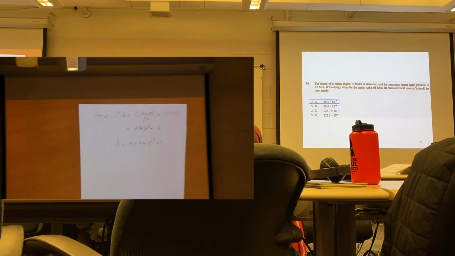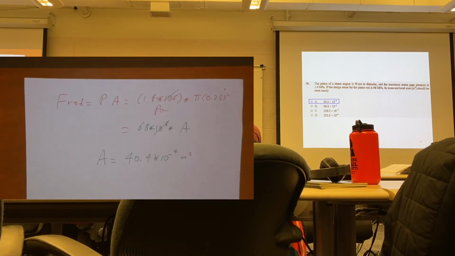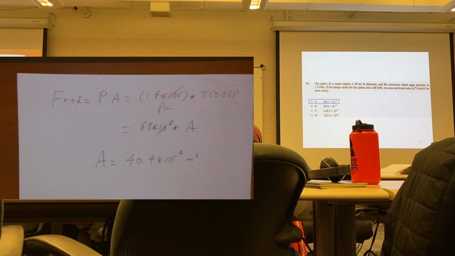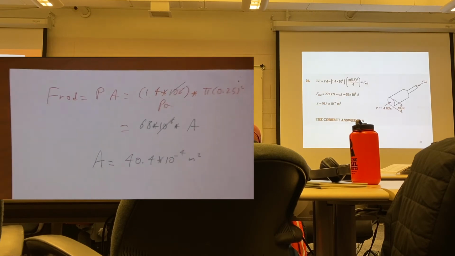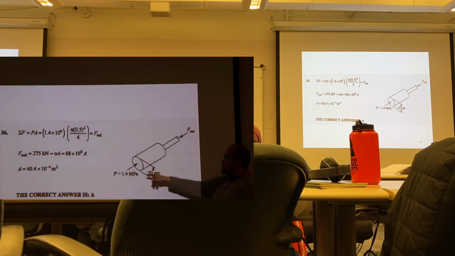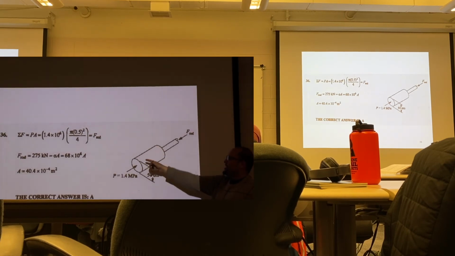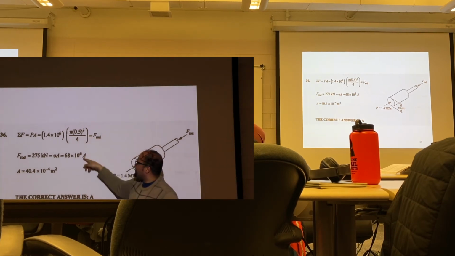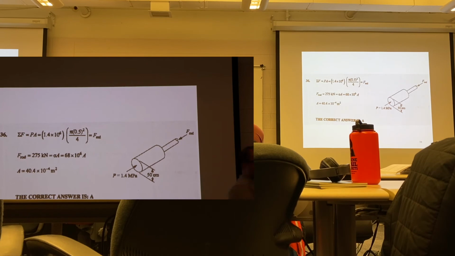Any issues? And as you see, the solution is actually confirming what I'm saying. The F rod is the same. You multiply 1.4 times the area to give you F rod, which by the way you don't even need to get, because you can simply equate these two together and solve for A. You don't even need the intermediate step.